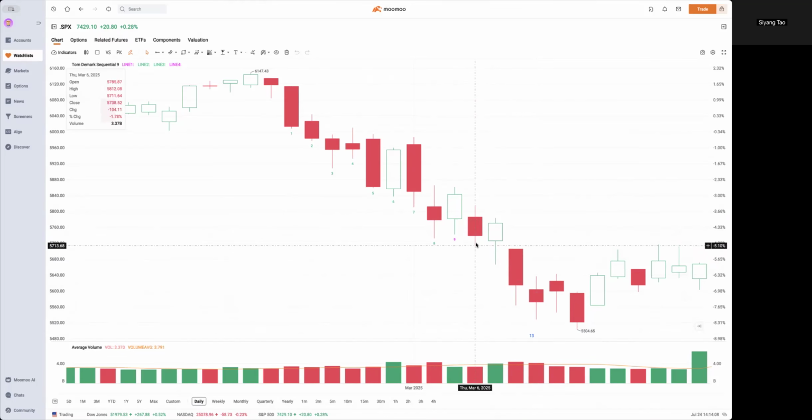So we have a 10. And 11 here because the closing price is lower than the closing price 2 days ago. So we have 11. And apparently here is 12 and 13. And then it goes back to here, but actually we have a 14 here, because this one is lower than that one. Then the market goes up from here.